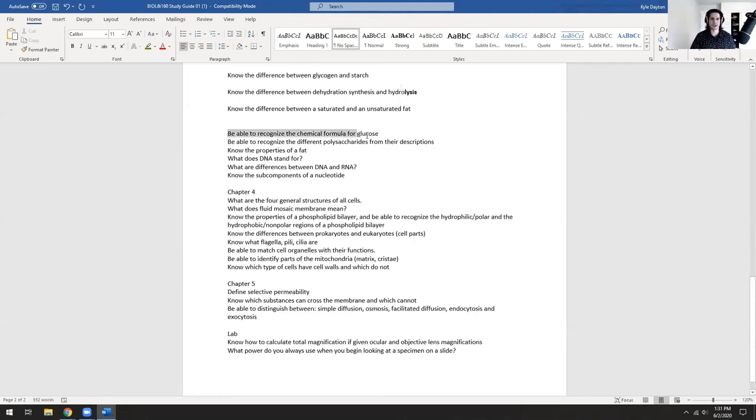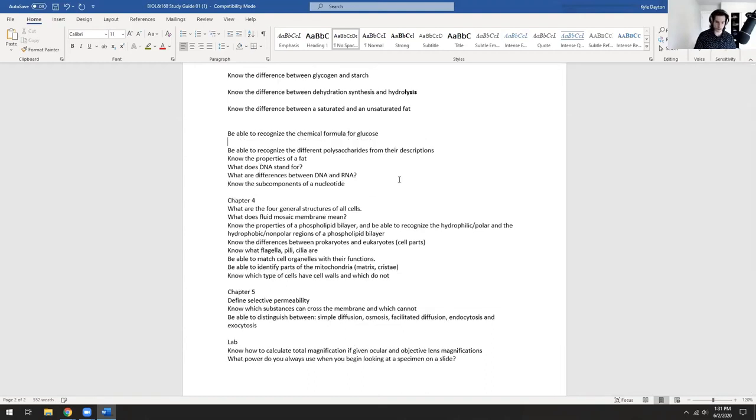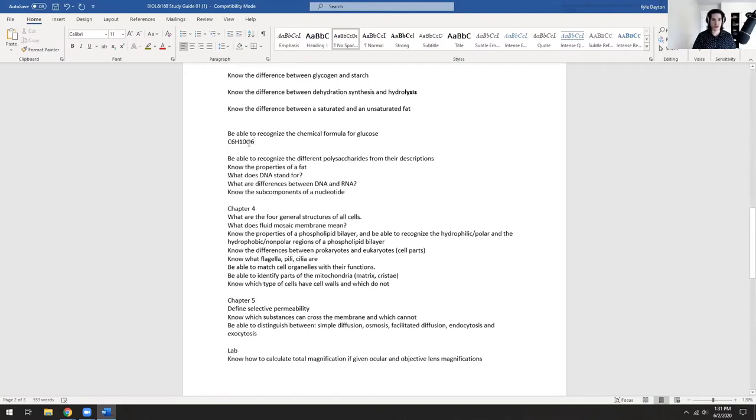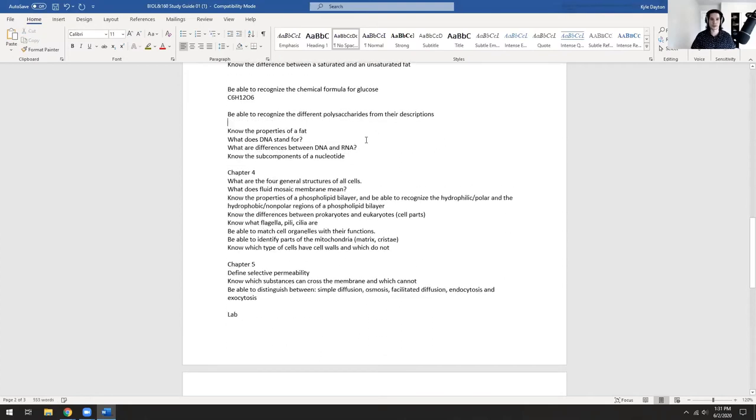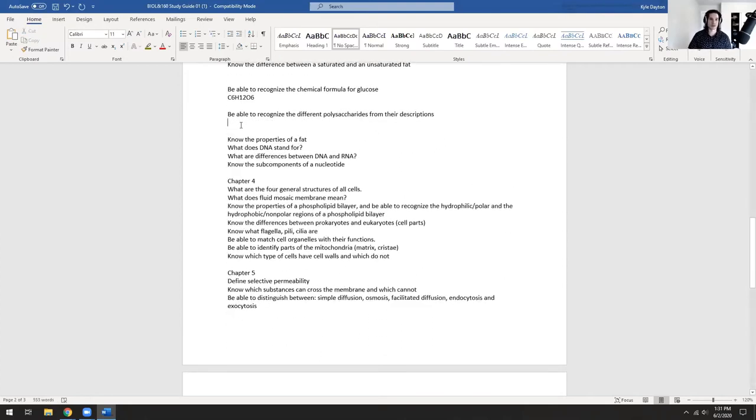Be able to recognize the chemical formula of glucose, C6H12O6. Remember, if I'm going too fast, let me know. Be able to recognize the different polysaccharides from their descriptions. So we're probably talking about cellulose as an example of a polysaccharide.